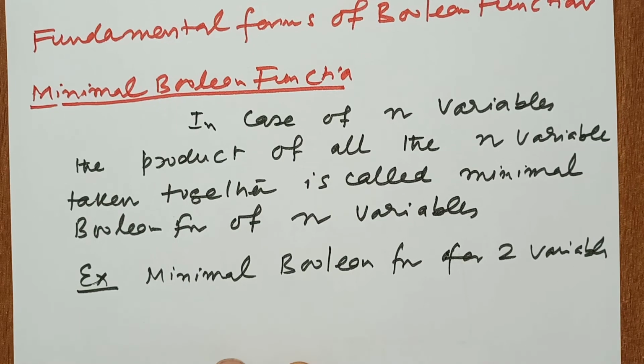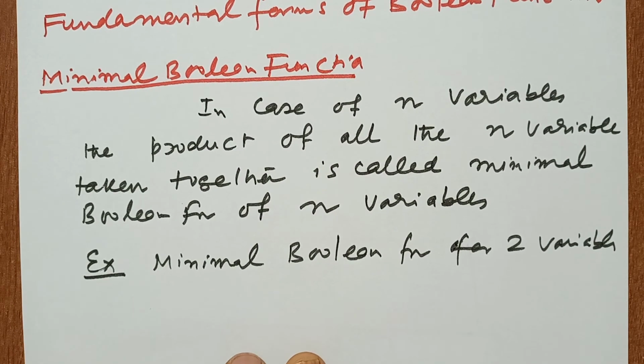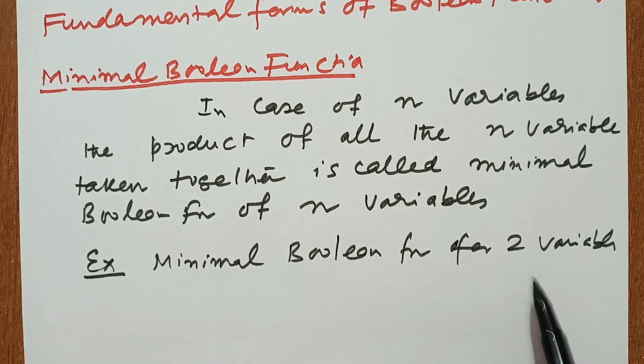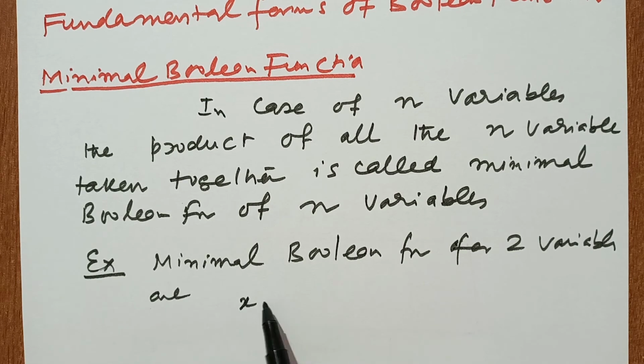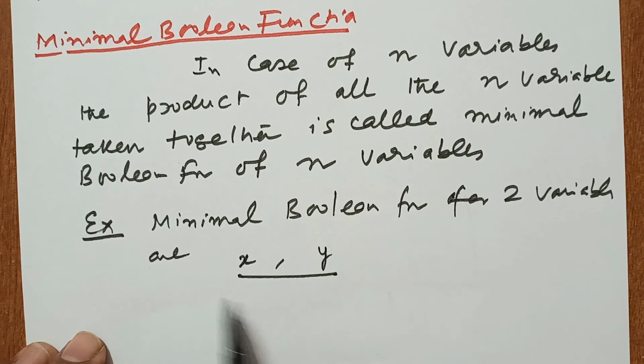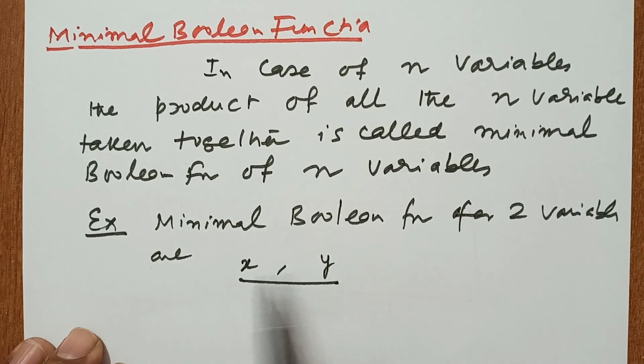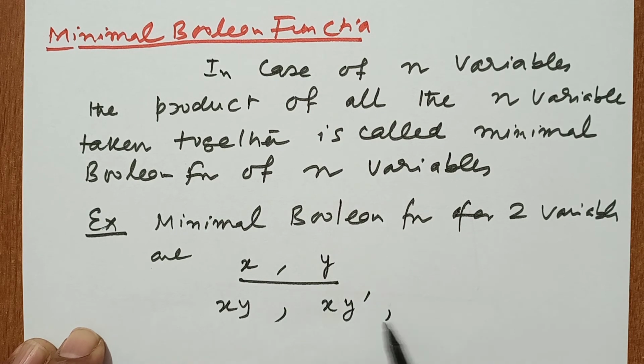Suppose x and y are two variables, then the minimal Boolean functions for x and y are x y, or x y dash, or x dash y, or x dash y dash.